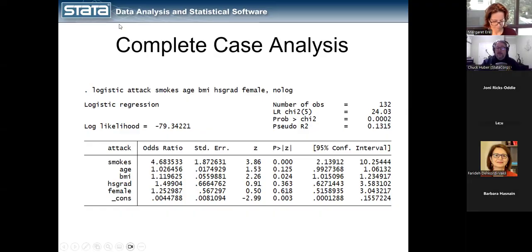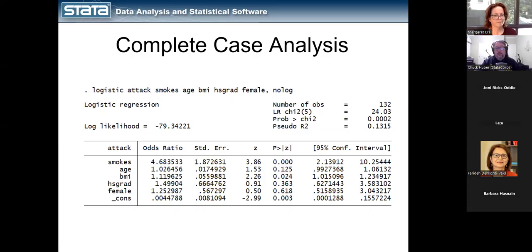So, what that means is that if I want to fit a logistic regression model that includes the dependent variable attack, as well as smokes, age, BMI, HS grad, and female, it's going to fit the model only using observations that have complete data for all of those variables. If any one of those variables has missing data for an observation, that observation will be kicked out.